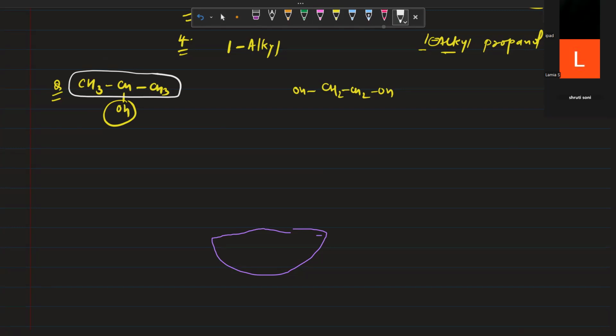Here is first, second, and third. So the OH is at which position? Two. So the parent is prop, so propane 2 ol.